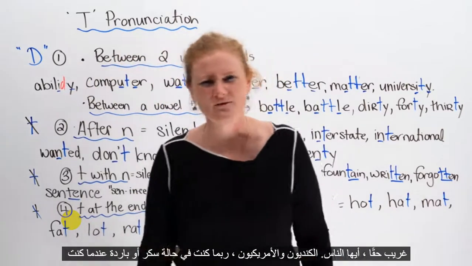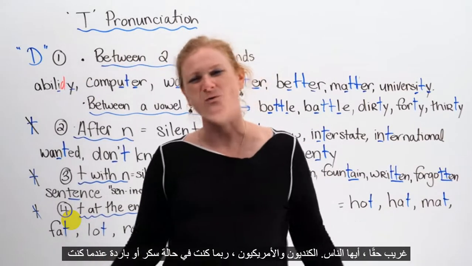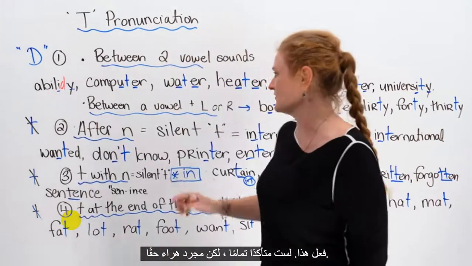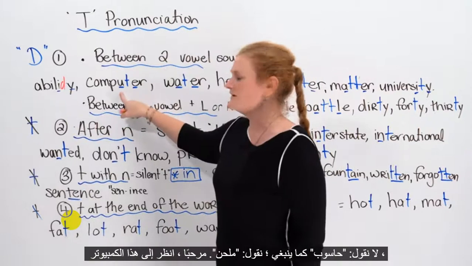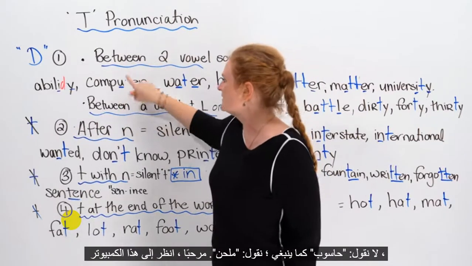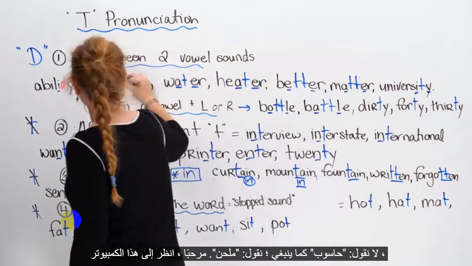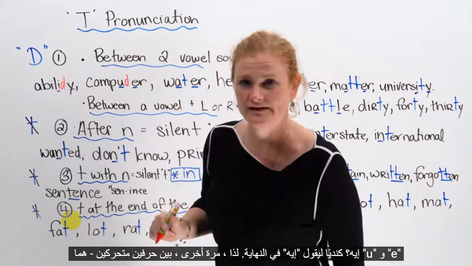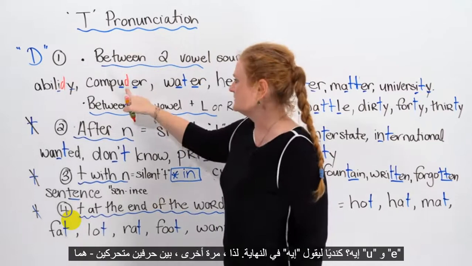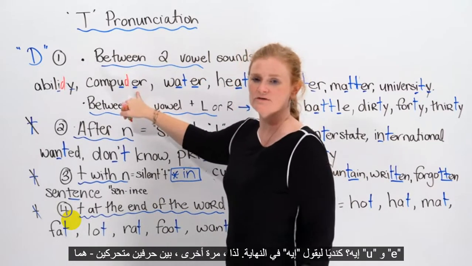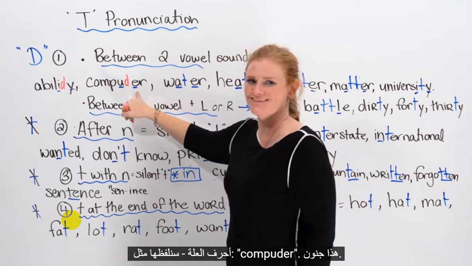Canadians, Americans, maybe you were drunk or cold when you were doing this. I'm not too sure, but it's just nonsensical, really. We don't say computer, as we should. We say computer. Hey, look at the computer. So again, between 2 vowels, U and E are vowels. We're going to pronounce it like computer.